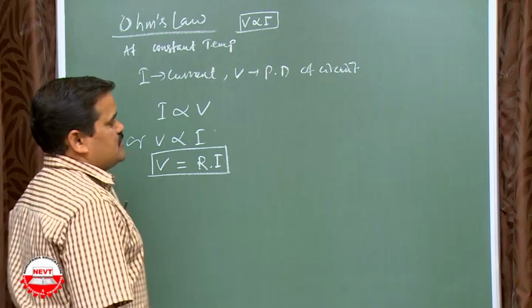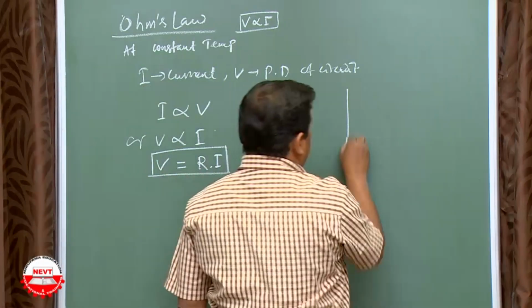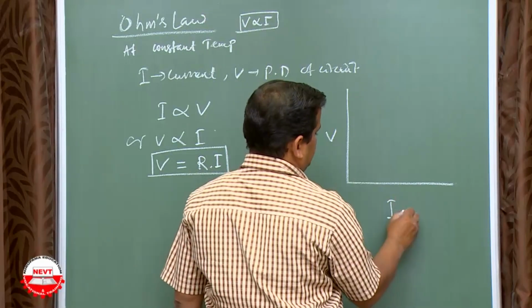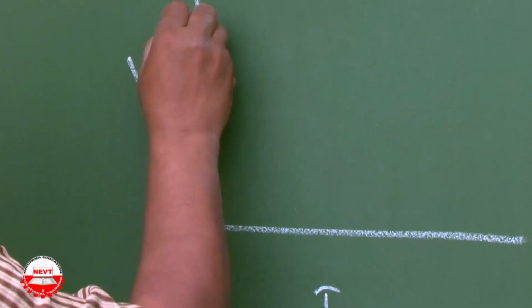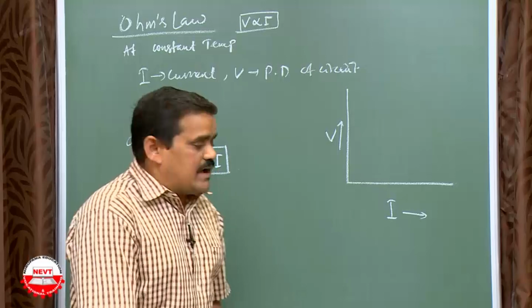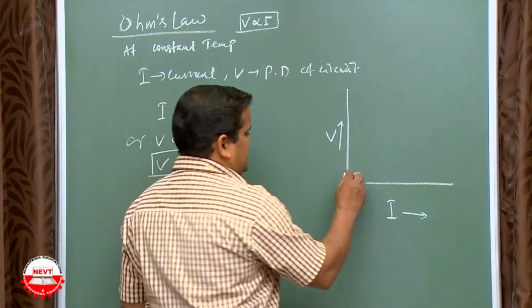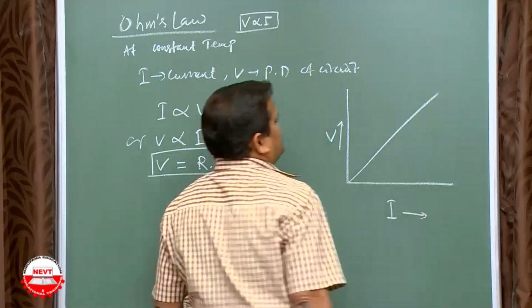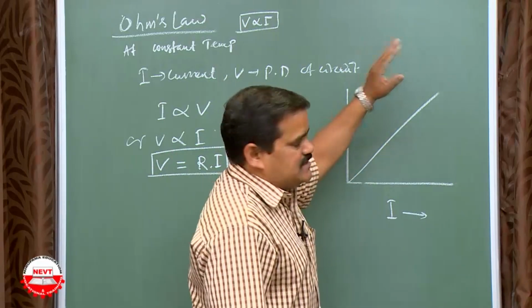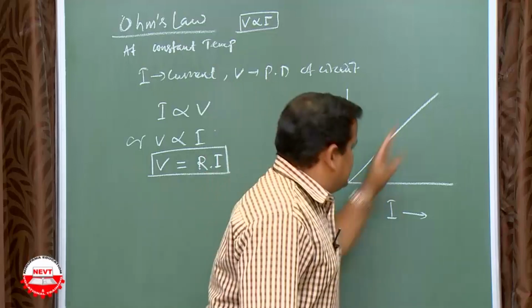If you plot the graph of V versus I, as V is proportional to I, the graph is a straight line. It may be like this, or like this, but it is a straight line.